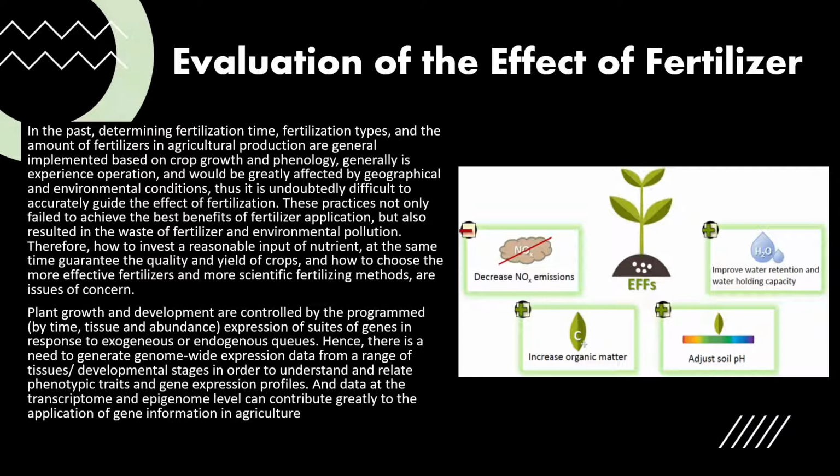Gene expression information can reflect the metabolism and transport of fertilizers in crops. So, through analysis of spatiotemporal expression of related genes, we can obtain gene information on the response of crops to different kinds and concentrations of fertilizer in different growth periods.